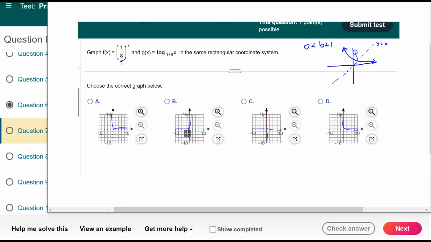So it goes here, and this part of the curve will be reflected here. Now this part of the curve, when reflected along the line y equals x, would actually go there. So we're looking at a graph that would be similar to that.